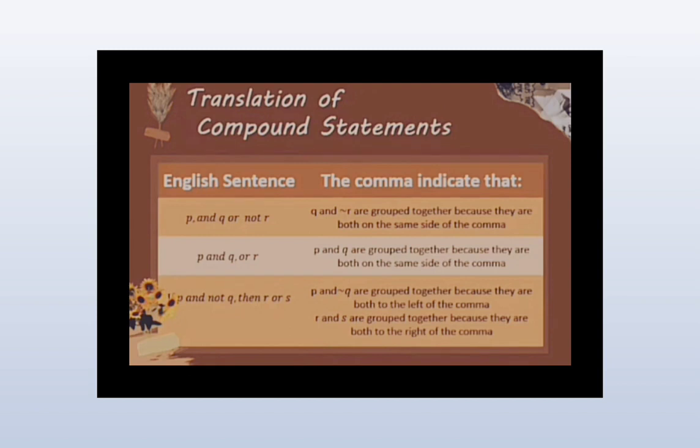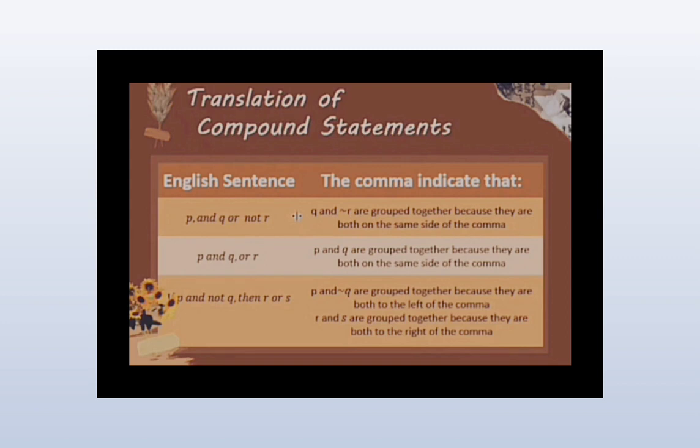The first one is P, comma, and Q or not R. Therefore, Q and not R are grouped together because they are both on the same side of the comma.